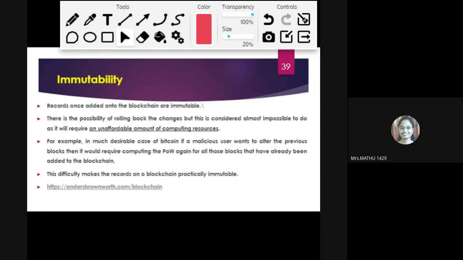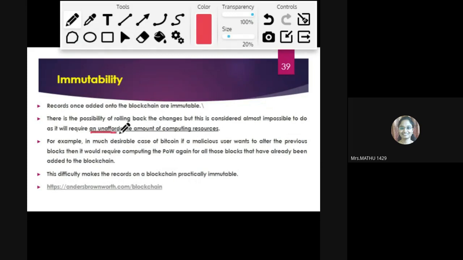And the next important thing is immutability. I think we have discussed this earlier in the previous class also. Once you record a transaction into the blockchain, it cannot be changed. That is the immutable property. It is not impossible, but the cost involved is too high.